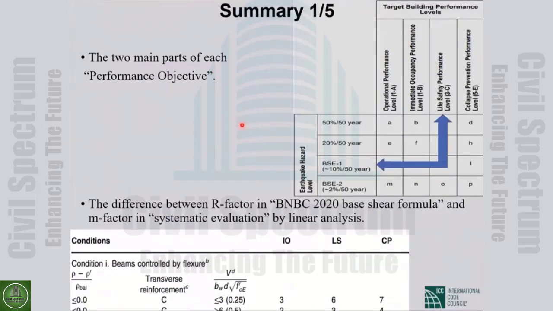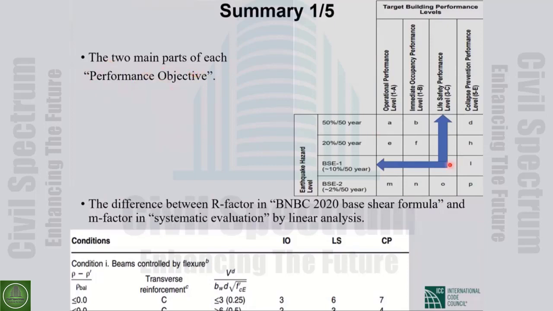So there is a test coming, and it's good to summarize the things that we had. It will most probably be good for the test at least. So for each performance objective, what are the main parts of the performance objective?